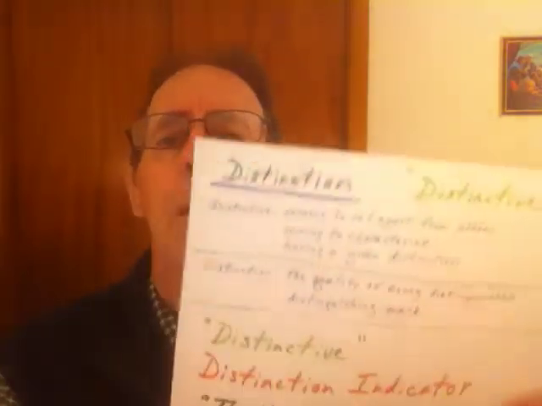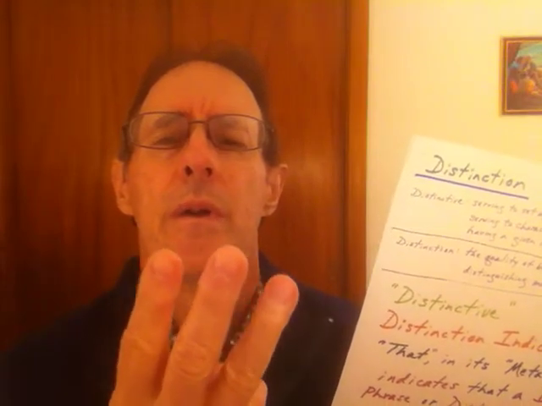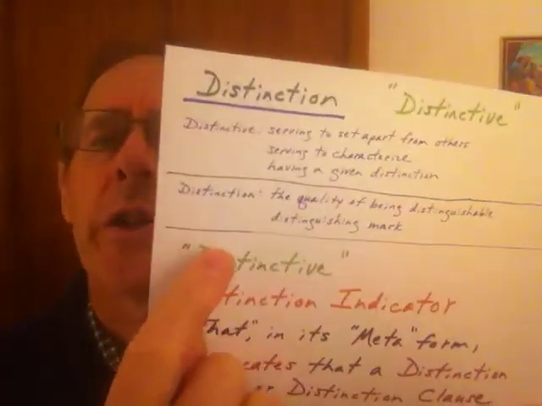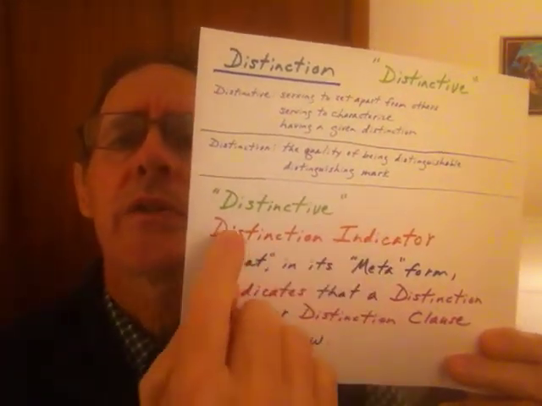So you could call the word that, the third term in its fourth grammatical function, you could call it a distinctive, but I like distinction indicator, which is what I use. I've been using it, distinction indicator.